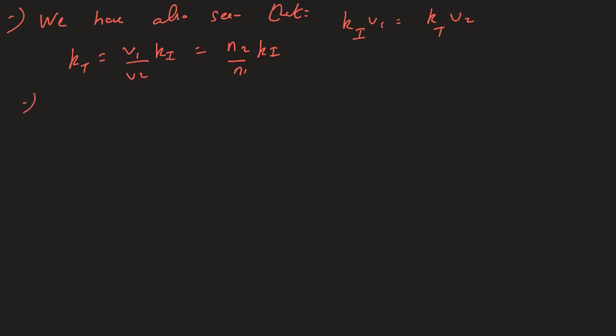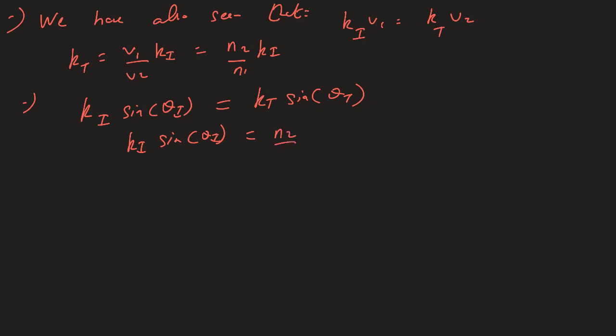What this implies is that if you take our equation, which was Ki sine of theta I is equal to Kt sine of theta t, then Ki sine of theta I is equal to N2 over N1 Ki sine of theta t.